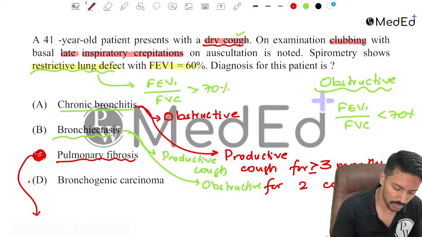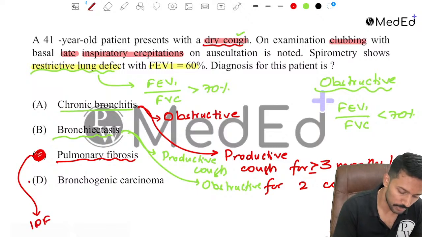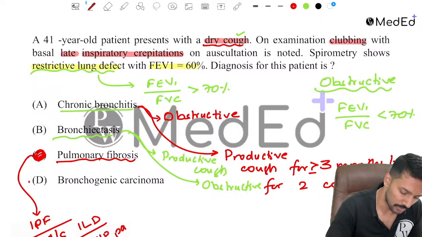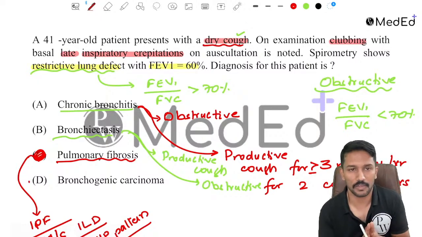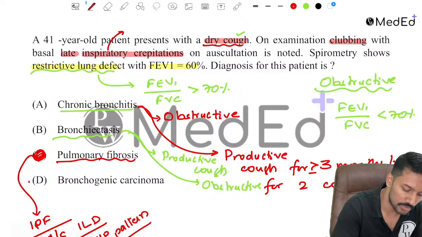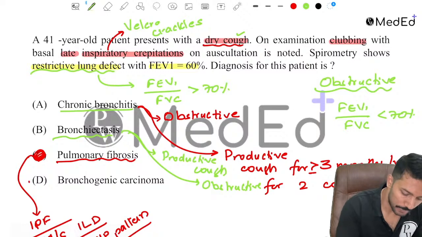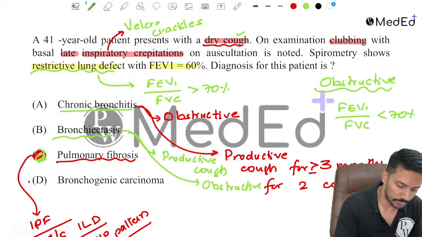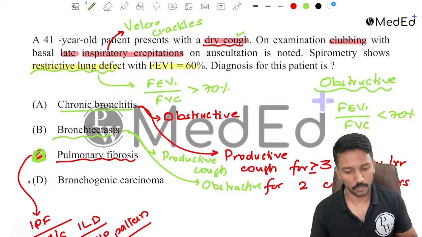They are talking about idiopathic pulmonary fibrosis, which is the most common type of ILD. In this patient on the HRCT, we get that usual interstitial pneumonia pattern. And the auscultation findings that we get here, the late end inspiratory fine crepitations, are also described as Velcro crackles. So all fits into pulmonary fibrosis or IPF, and that would be the answer for this question.